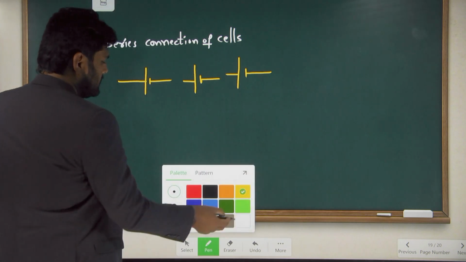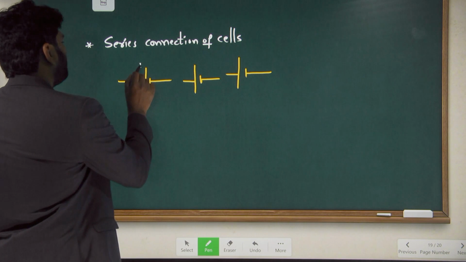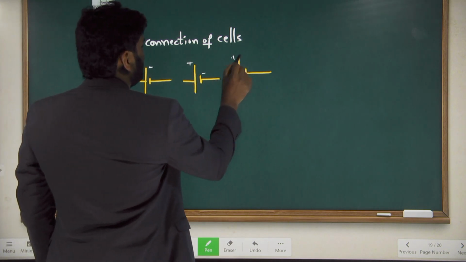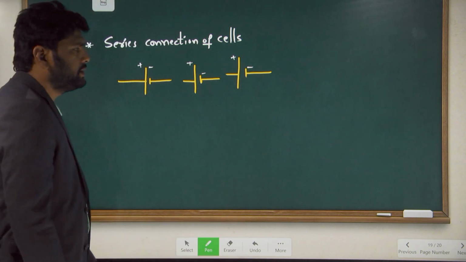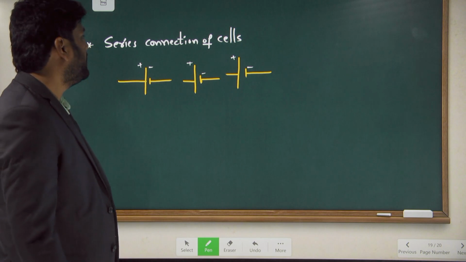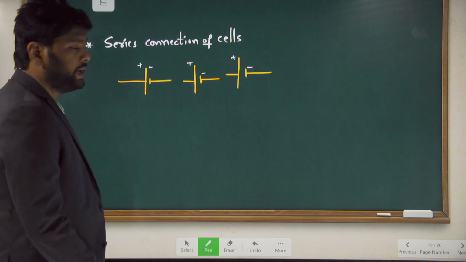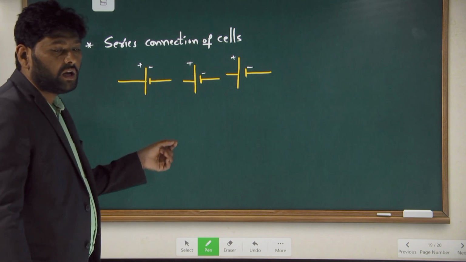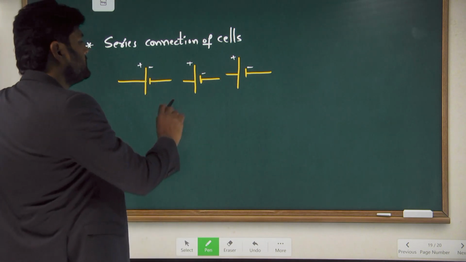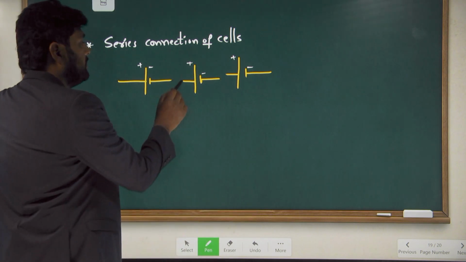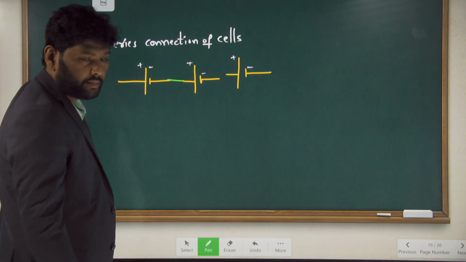In the 3 cells, look here, this is a positive terminal, this is a negative terminal, positive terminal, negative terminal, positive terminal, negative terminal. This is the way the cells are present. But how does the connection take place to say it is a series? Series connection means the negative terminal of the first battery is connected to the positive terminal of the second battery.